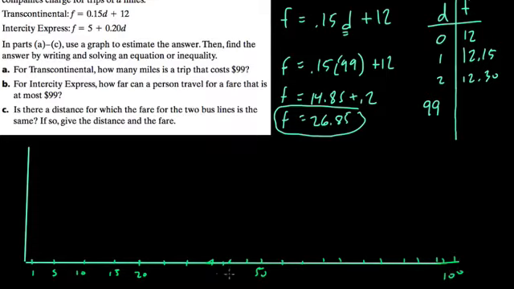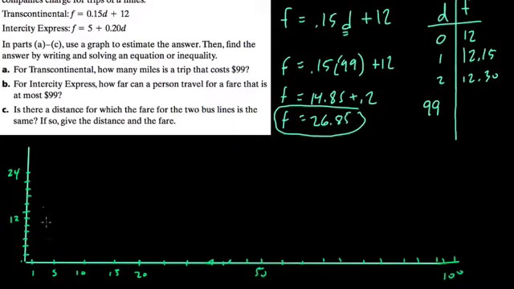Those are our distances. Now for the cost, let's go up by 2s: 2, 4, 6, 8, 10, 12, 14, 16, 18, 20, 22, 24.